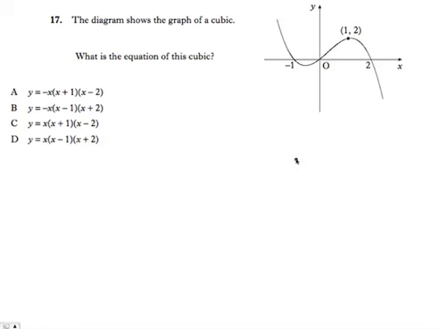For instance, if we have a simple example where y equals 2x, which we know is a linear equation, that means its graph is a straight line. Every single point on this graph, for instance the point (1, 2), where x is 1 and y equals 2, satisfies this equation.